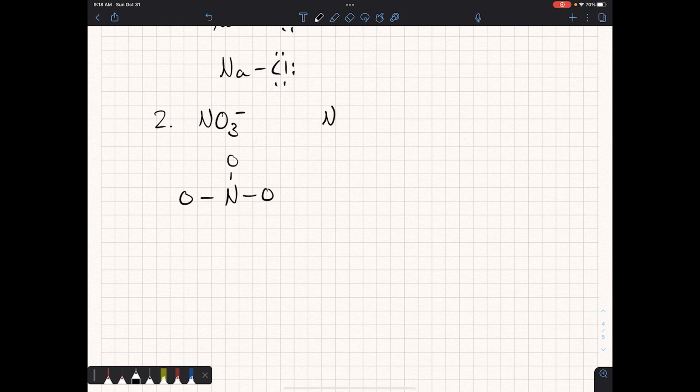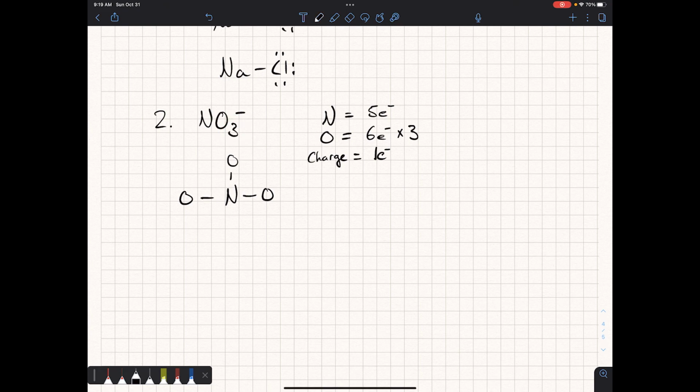Now we're going to write out nitrogen, oxygen, and then our charge, because our charge is going to change the number of electrons that we have. And here, because we have a -1 charge, we're going to add 1 extra electron. So nitrogen is going to have 5 electrons, oxygen has 6 electrons. We're going to multiply that 6 by 3 because we have 3 oxygen atoms, as seen here in our skeletal structure. And also the 3 here in our formula.